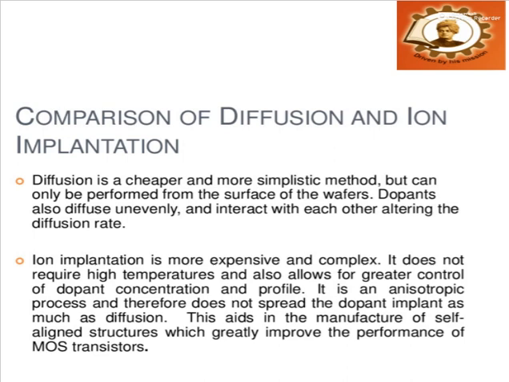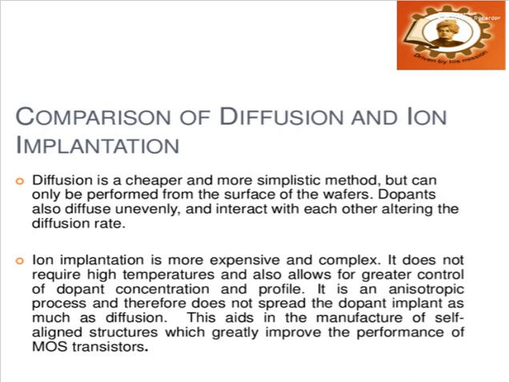But the ion implantation process is much more expensive compared to the diffusion process, and it is also complex, but it does not require any high temperature, and it allows greater control of dopant concentration and profile, as I have already told you, because the scanning and the rotational speed decide the doping concentration on the wafer.